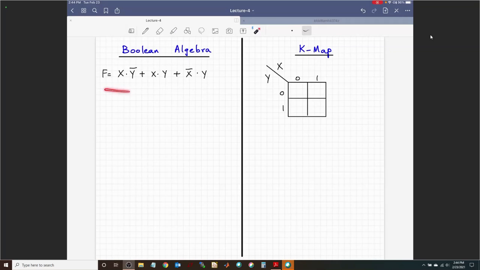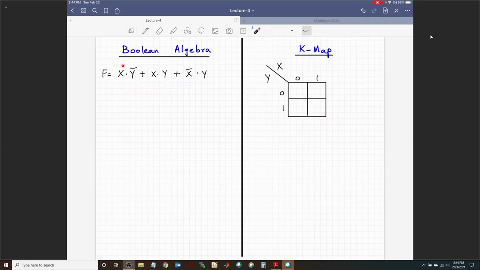We are starting off with an example here where f is a SOP expression. I don't know if it's the simplest or not, but I'm just assuming that this is a SOP expression with 2 variables x and y, and that's how they are related to f. So in order to show you that connection, the first thing that I'm going to do is enter the corresponding ones in the K-map.